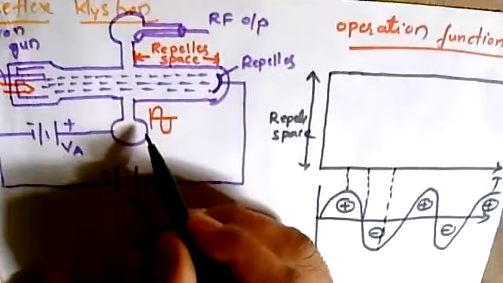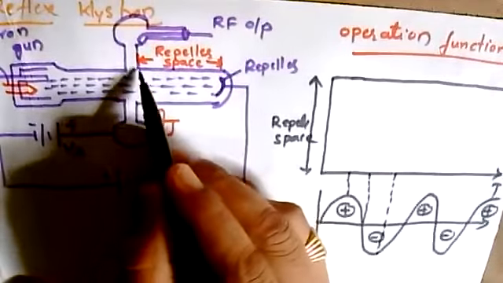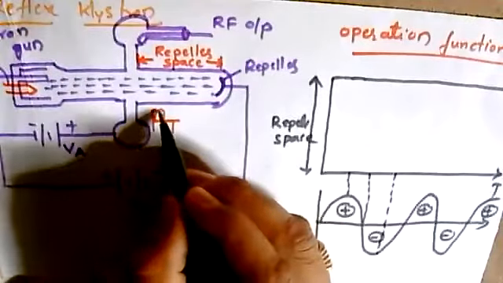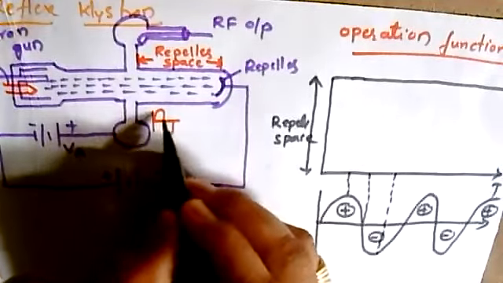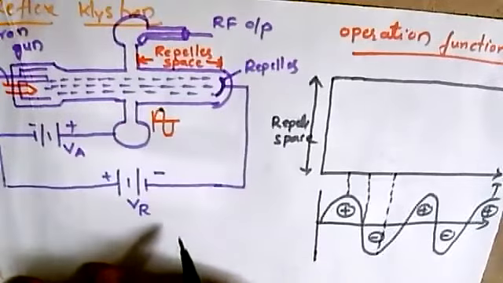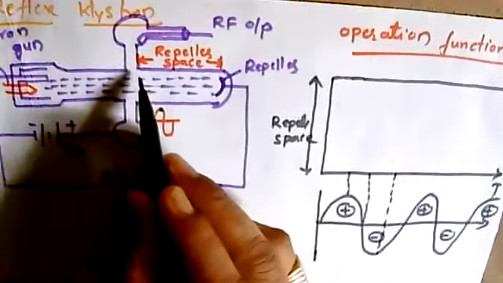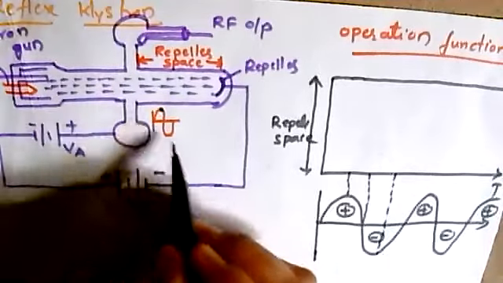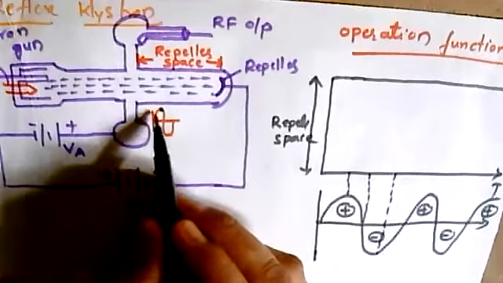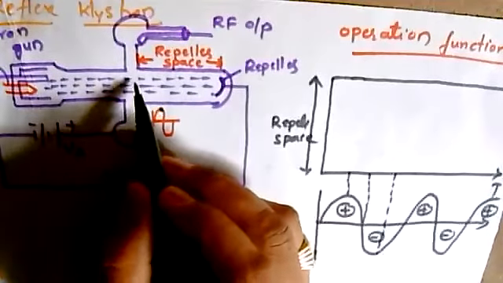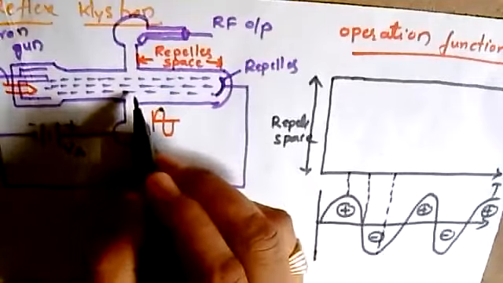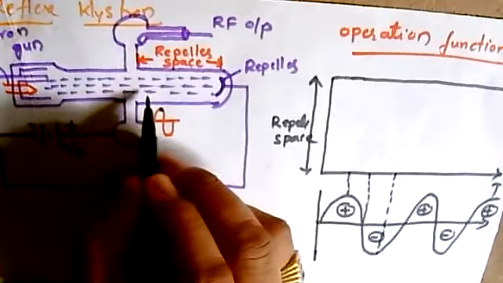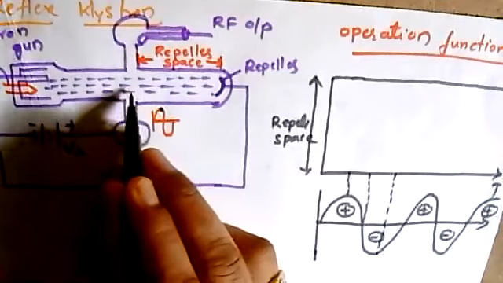As the RF input is given here, when it is started, what happens? When the electron beam is initiated with the positive peak of RF, they gain more energy. The electrons affected by the positive RF signal absorb more energy, thereby moving with a greater speed, as the velocity of such electrons gaining the energy will be increased.